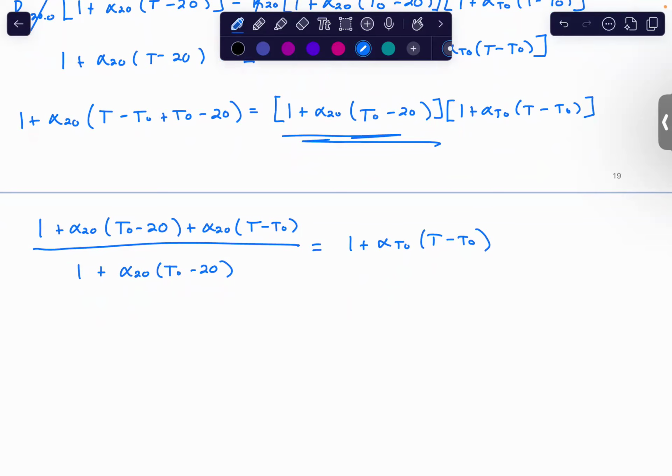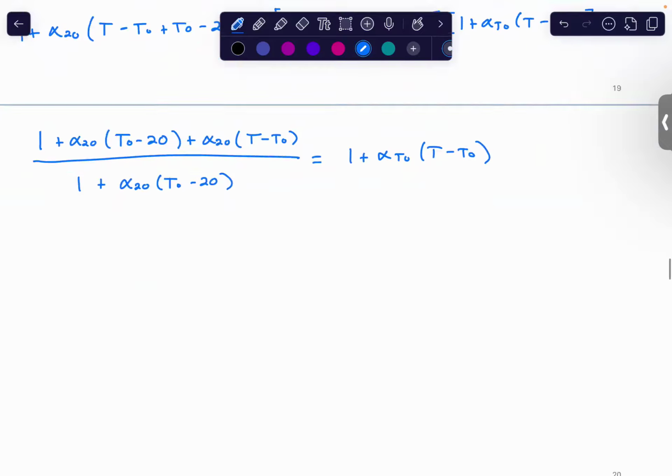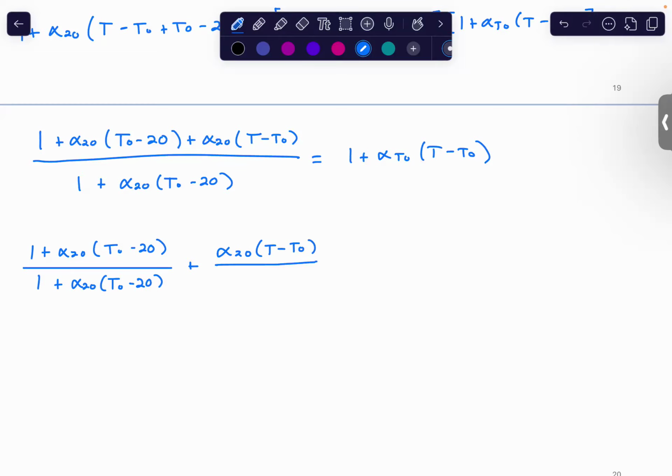Does anyone remember how to split fractions? No, they both have, so it's a single denominator, so I can just split it at the plus sign. Yep.